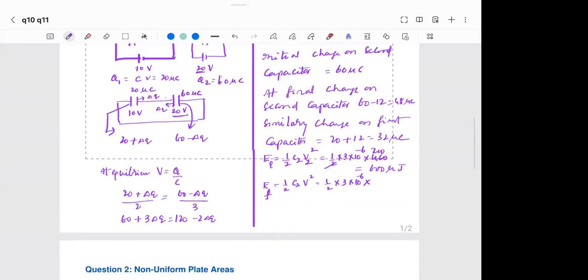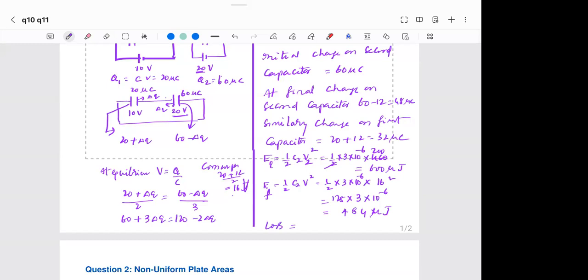This common potential becomes 20 plus 12 by 2, that is 16 volts. 16 square, that is 3 into 128, how much here? 484 microjoules.